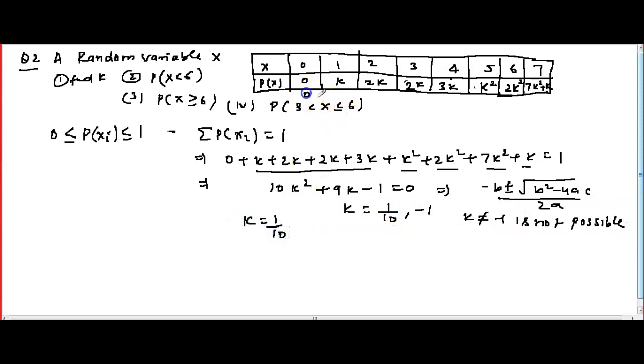Substitute here. So this is 0, this is 1 by 10, this is 2 by 10, this is 2 by 10, 3 by 10, and this is k square, meaning 1 by 100, 2 by 100, and this is how much? 7 by 100 plus 10 by 100.